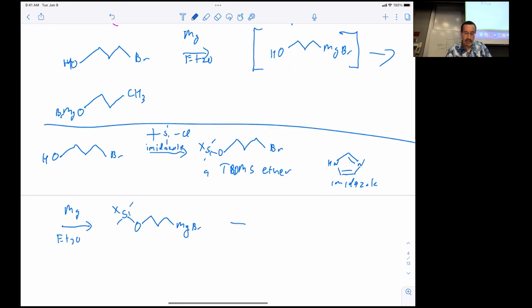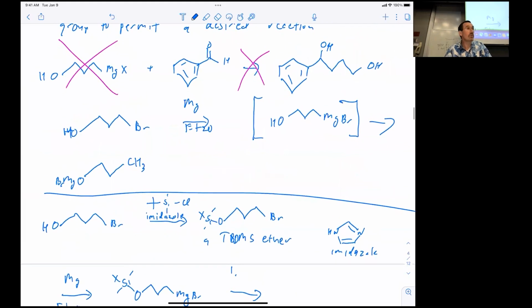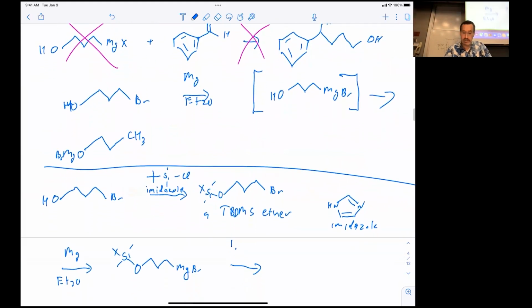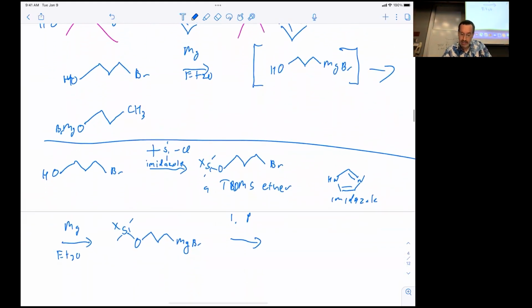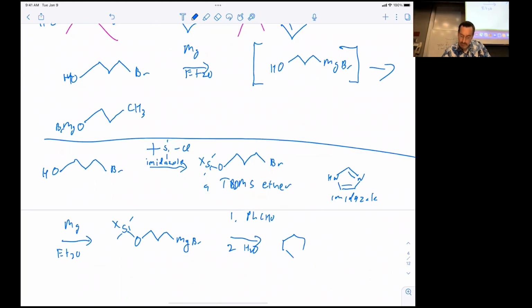Then I can add an aldehyde to it to carry out the Grignard reaction that I wanted to do. That aldehyde is benzaldehyde here. So I'll add benzaldehyde and carry out an aqueous workup, and now the product of the reaction is going to be the TBDMS ether.